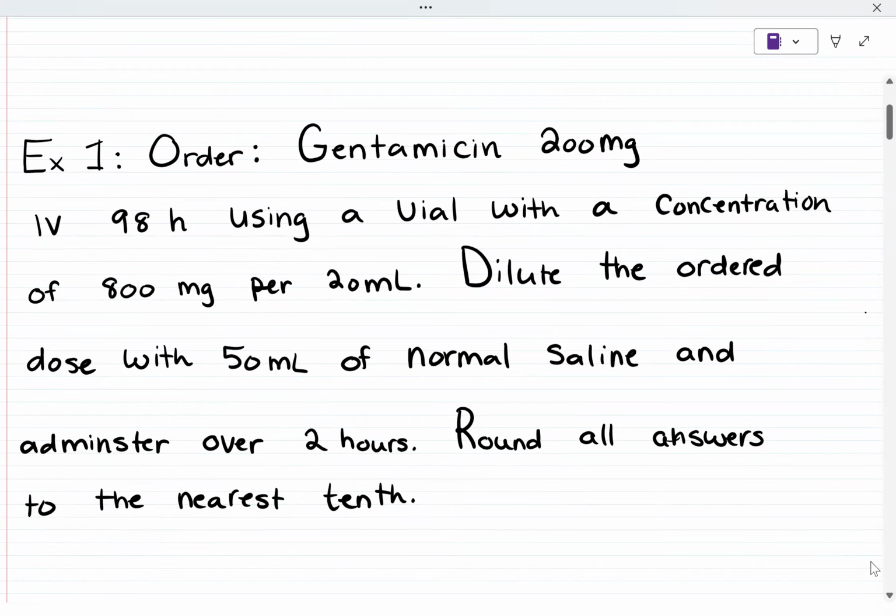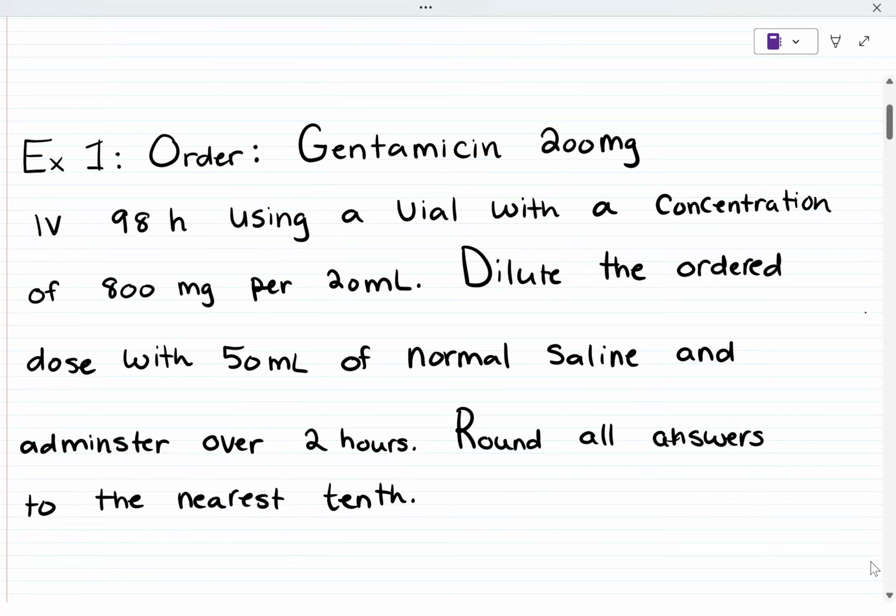So what are they asking? Dilute the ordered dose with 50 milliliters of normal saline and administer over 2 hours. I believe our final answer still should be in milliliters.